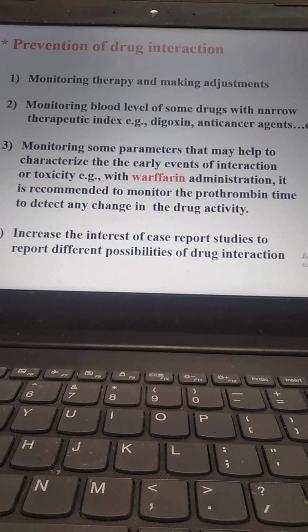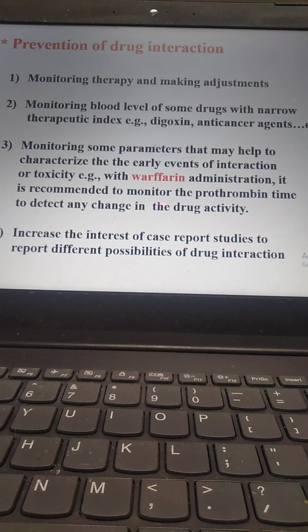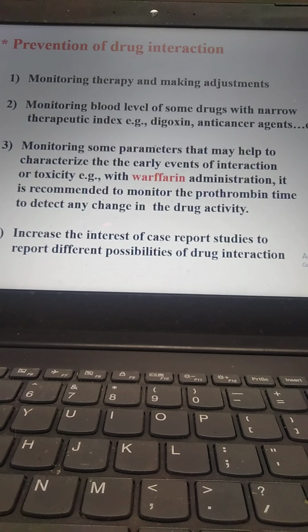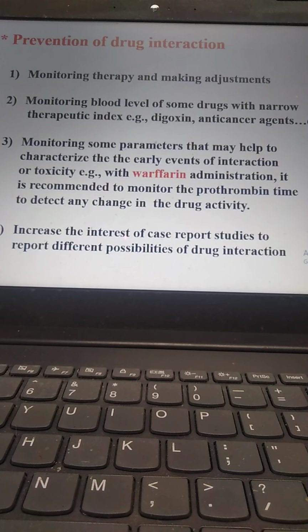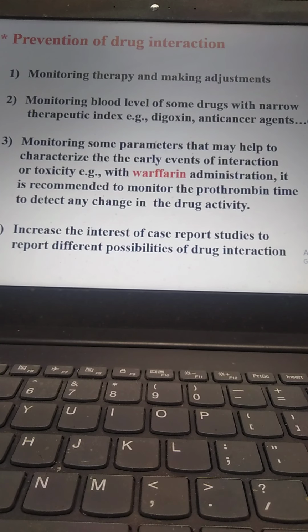That is, with warfarin administration, it is recommended to monitor the prothrombin time to detect any change in the drug activity. So we don't measure the warfarin levels, but we measure the prothrombin time or INR in order to individualize the dose. Increase the interest of case report studies to report different possibilities of drug interaction.